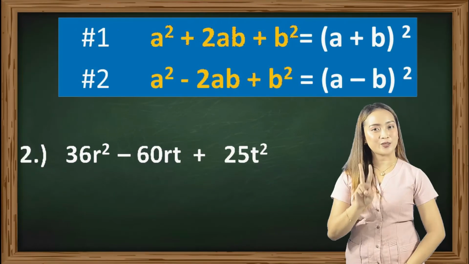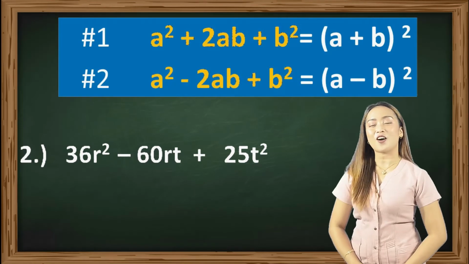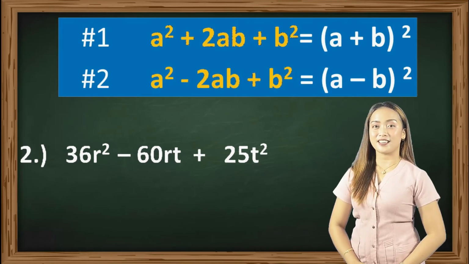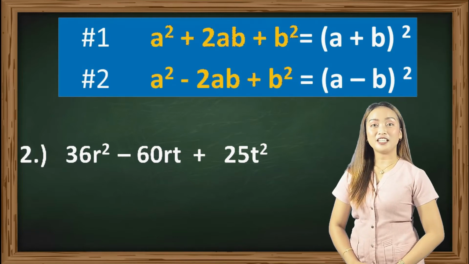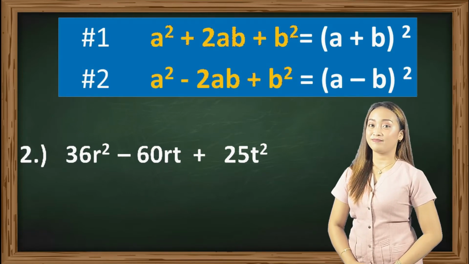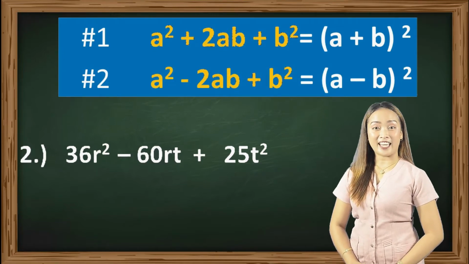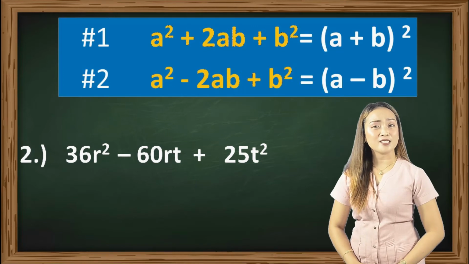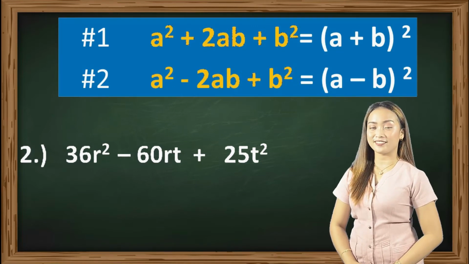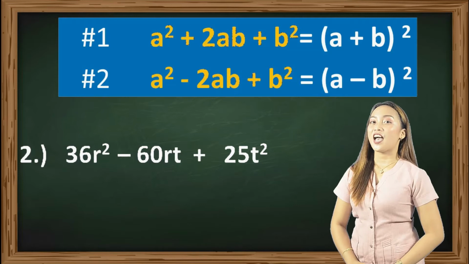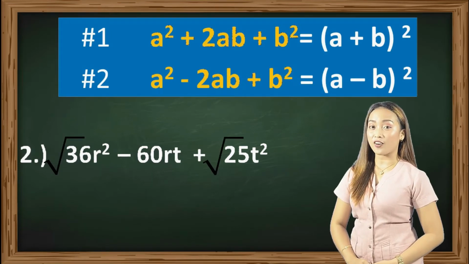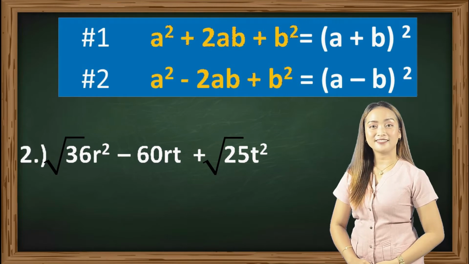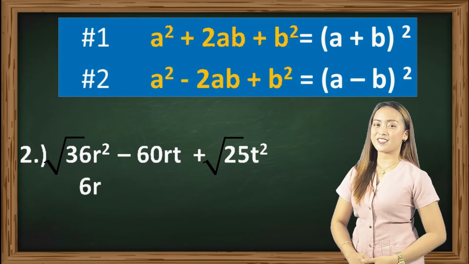For number 2, 36r squared minus 60rt plus 25t squared. Oh, larger numbers. Again, are the first and last terms perfect squares? Yes, the square root of 36r squared is equal to 6r.